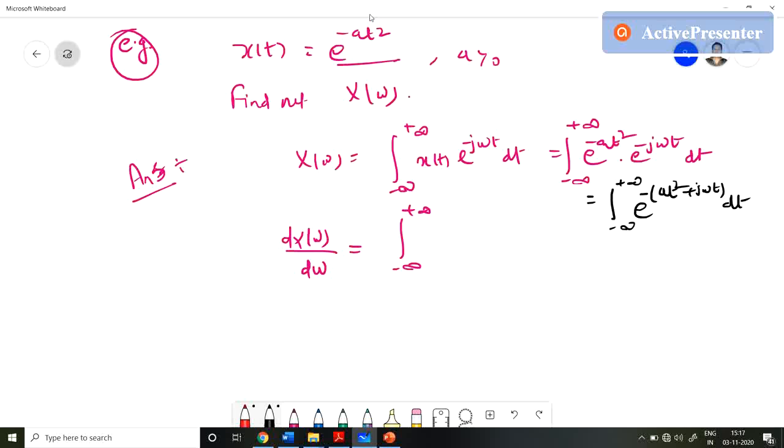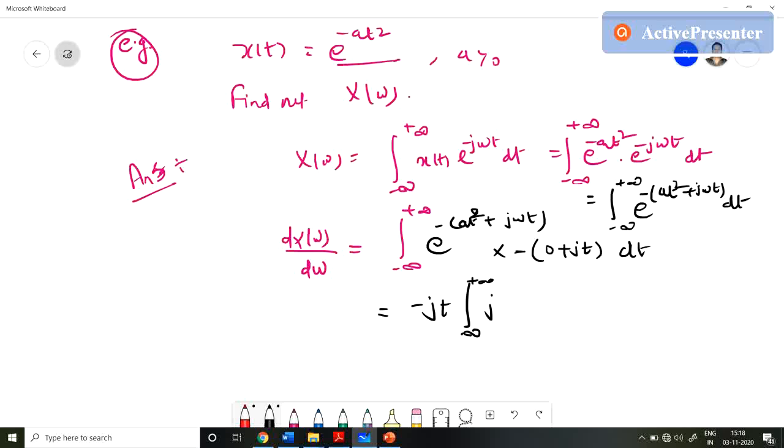Now if we differentiate with respect to omega, we can further write it as minus j t, integral from minus infinity to plus infinity of e raised to the power minus (a t square plus j omega t) dt.